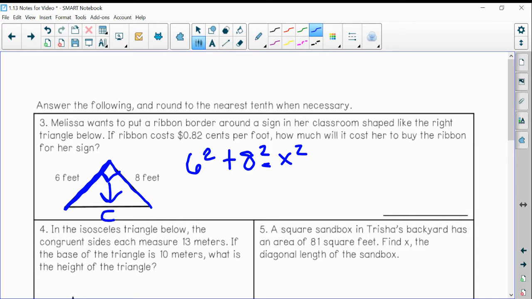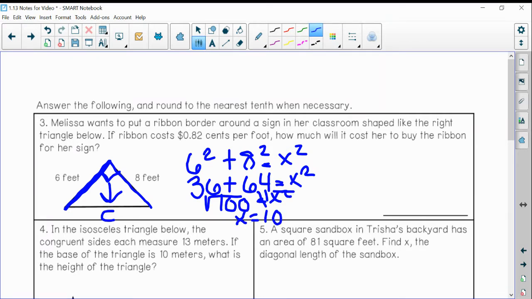What is 6 squared? 6 times 6 is 36, plus what is 8 squared? 8 times 8 is 64, is equal to my third side squared. Well, that's 100. But I don't want x squared, I want x. So if I take the square root of that, I get that my third side is 10.